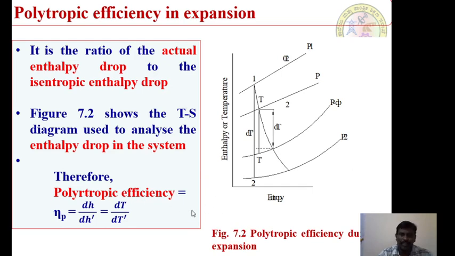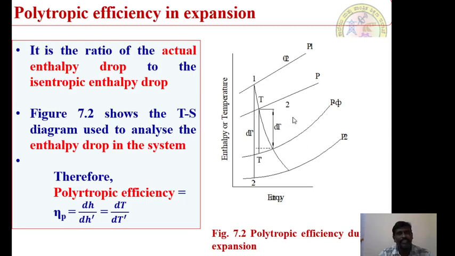Okay, so polytropic efficiency eta P is equal to dH by dH dash. dH is nothing but the actual enthalpy drop, which is taking place between these particular states. So P and P minus dP: there are two states available. P is the initial state, P minus dP the final state, right?